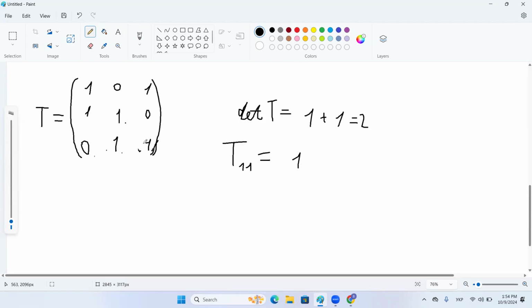So 1, T 1 2, minus 1, T 1 3, 1, zero, minus 1, and 1 because of odd power.